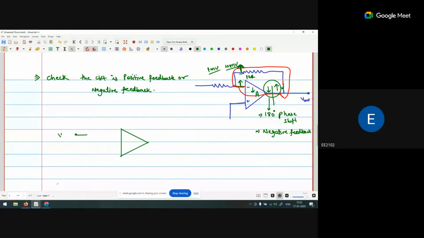Like this is a V in, resistor, resistor. This is a ground terminal. Now I have to identify the terminal for a negative feedback. So what do I do? Break the loop. The first thing is to break the loop. So first of all, identify which is the loop.